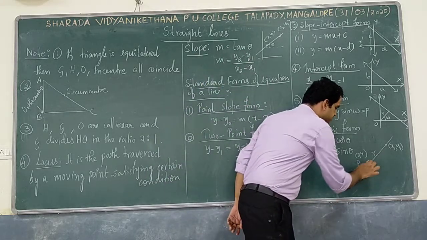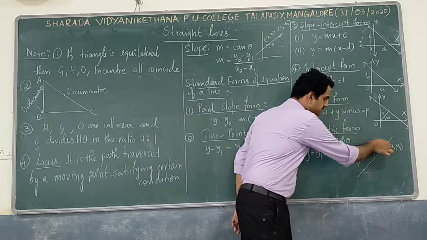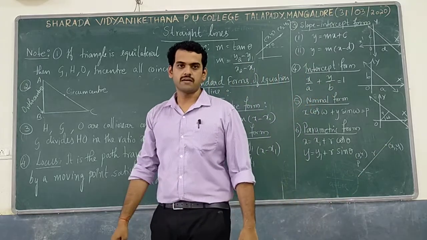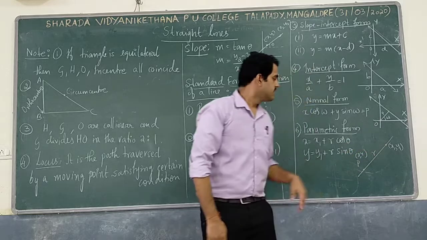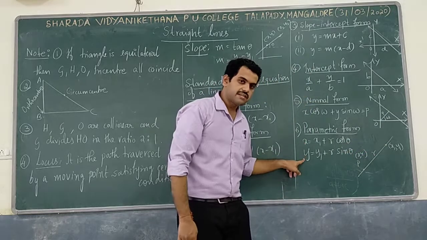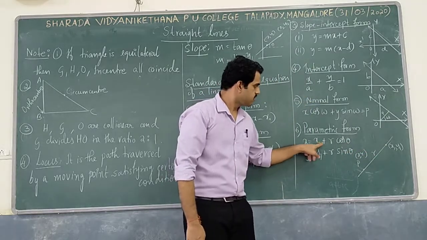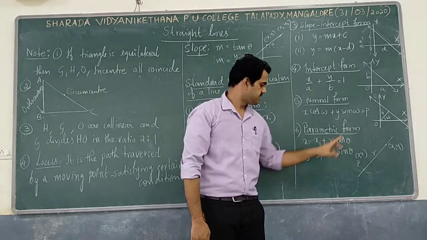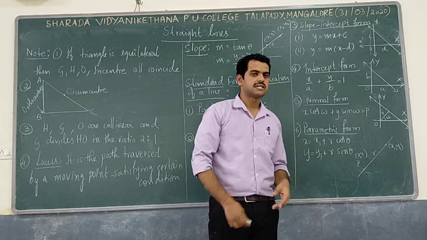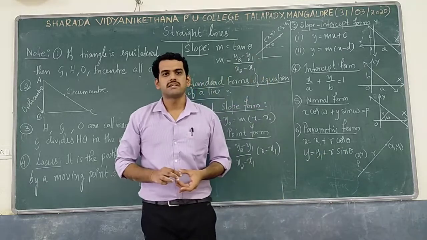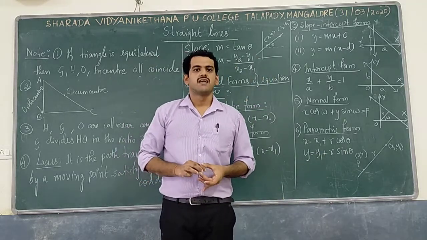Then the distance from the arbitrary point to the given point, suppose it is equal to r, and the angle made with respect to the x-axis is theta. Then the coordinates x and y are given by x is equal to x1 plus r times cos theta, and y is equal to y1 plus r times sin theta. This is the parametric form of equation of the line.